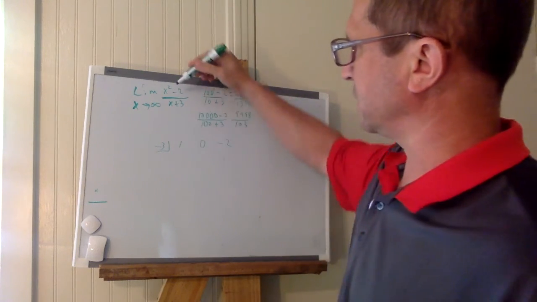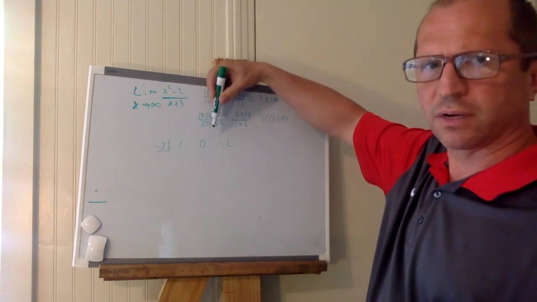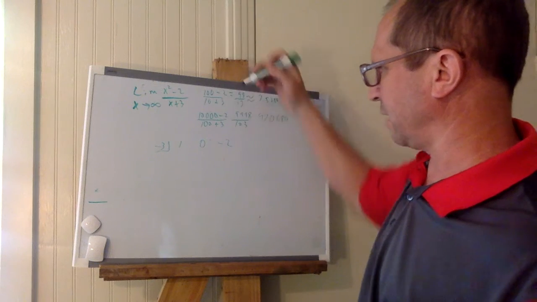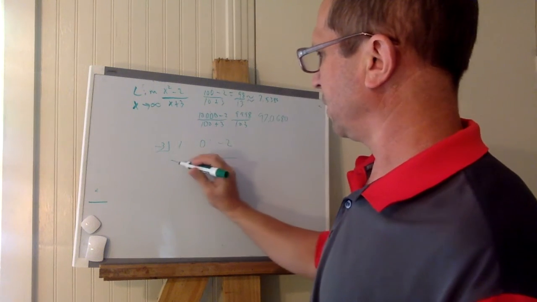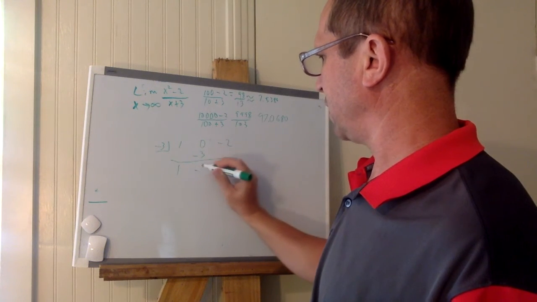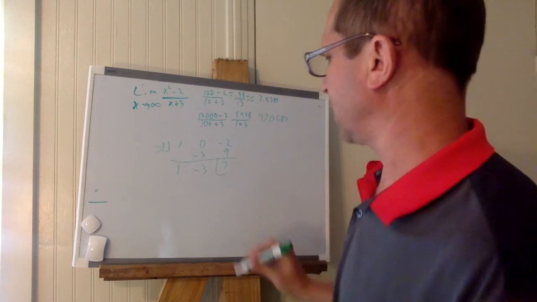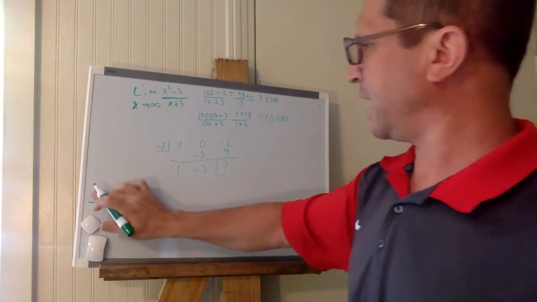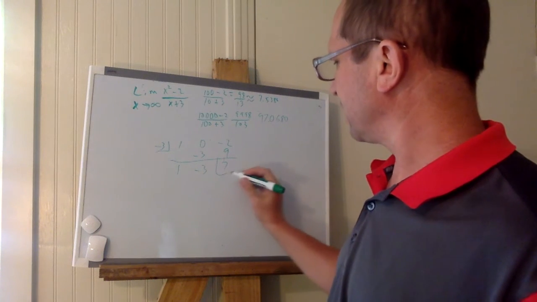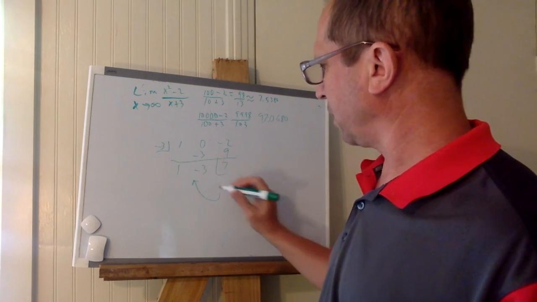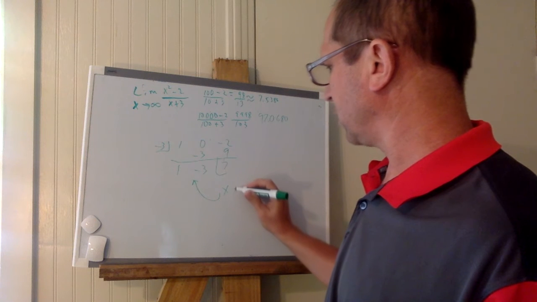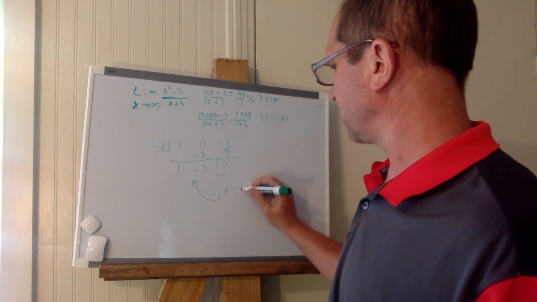There is no linear term in x squared, so we have the 0 in its place, and then the -2. Pulling down 1, -3, -3, 9, and the remainder is not important. What we see is that it's getting infinitely large at a pace of x minus 3.